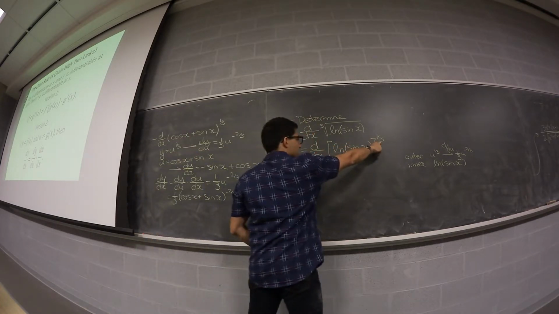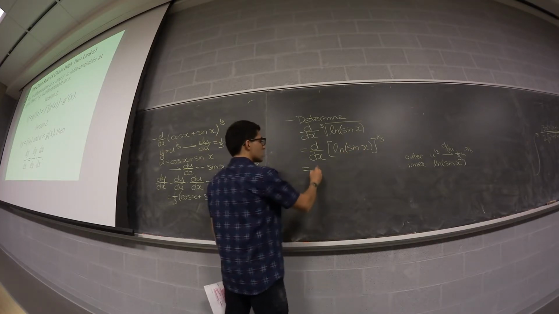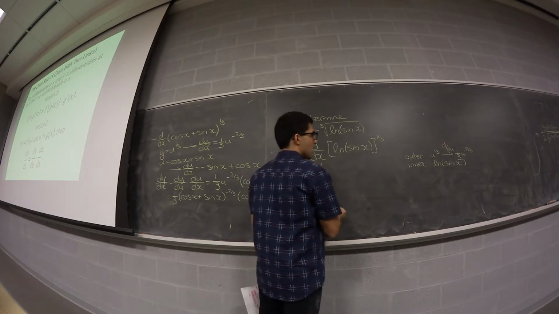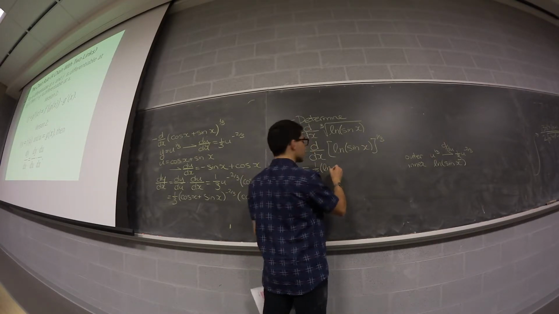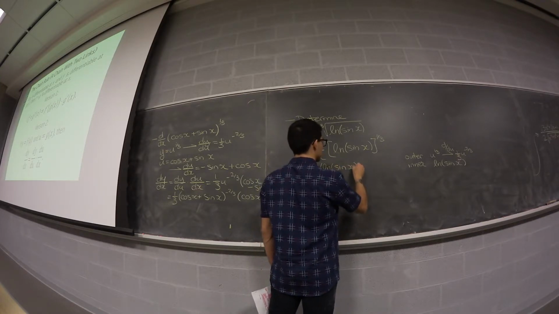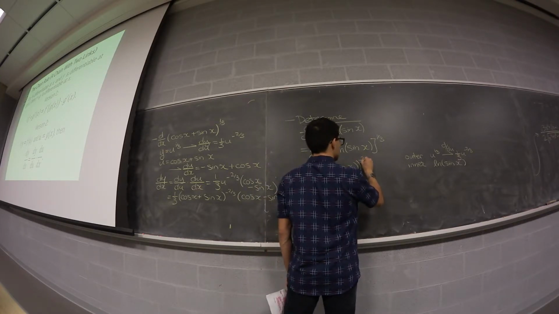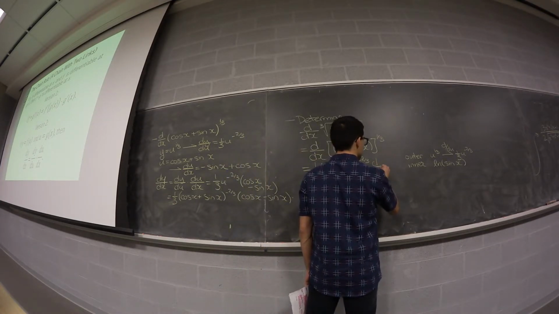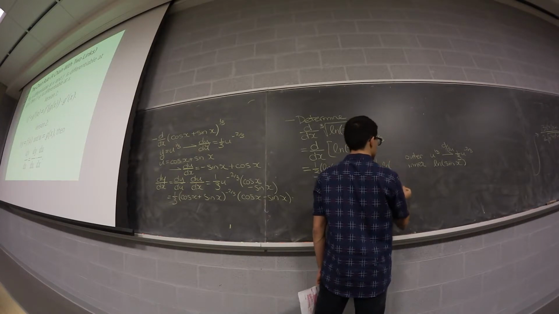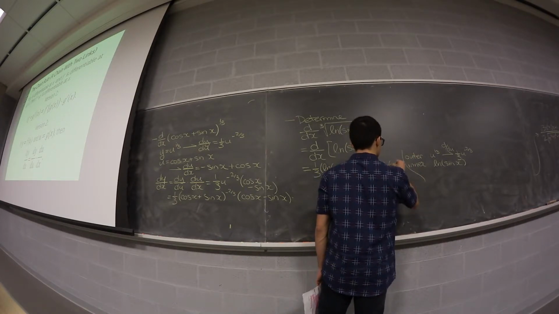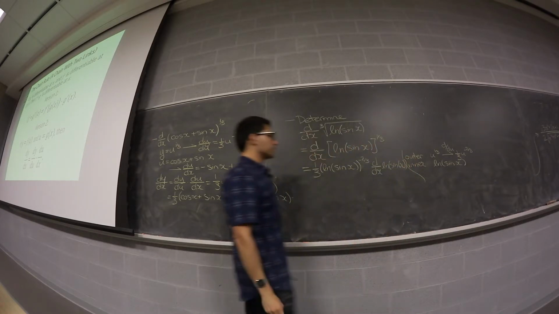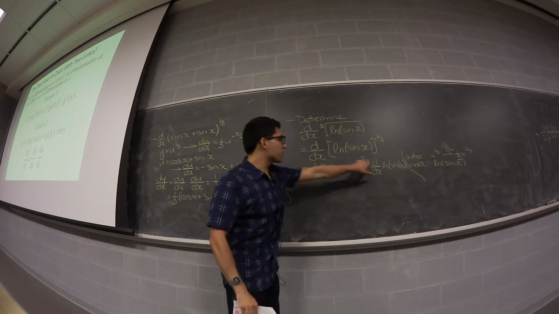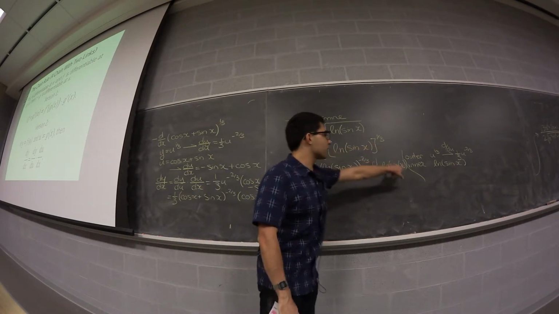Okay, spot the outer function, spot the inner function. Okay? So, derivative of outer function evaluated at inner function, multiplied by derivative of inner function, ln of sine x. Okay? Derivative of outer function evaluated at inner function times derivative of inner function.